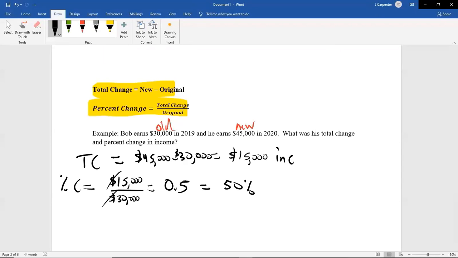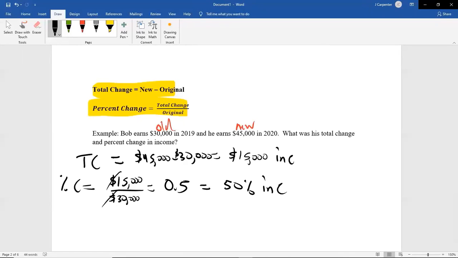And because the total change was an increase, this was also an increase. So we can say that Bob earned $15,000 more in 2020, and that was a 50% increase over his income from the previous year. That's the quantitative reasoning student's answer. And again, the total change, $15,000 sounds amazing, especially when you're making $30,000 the last year.